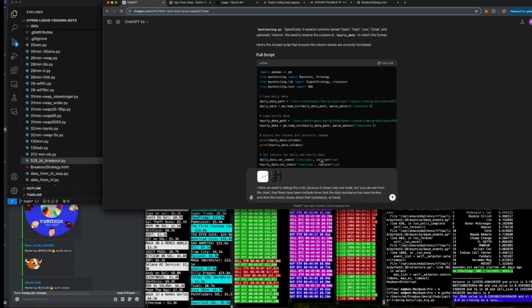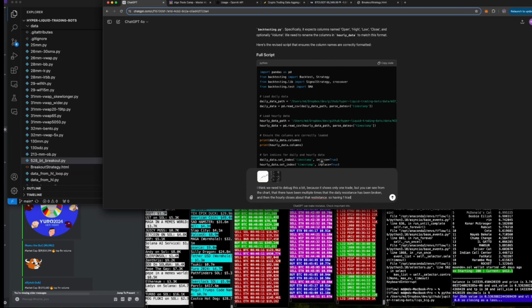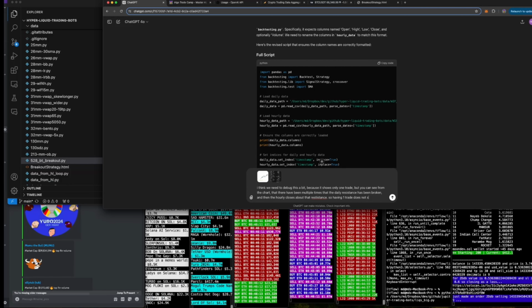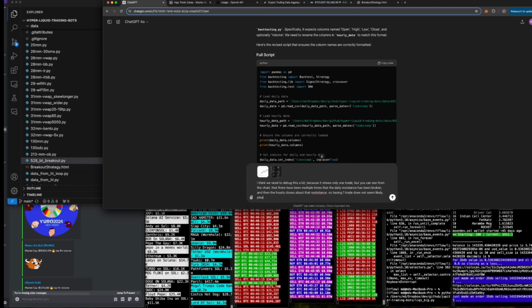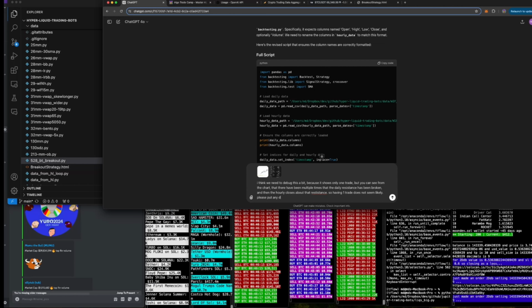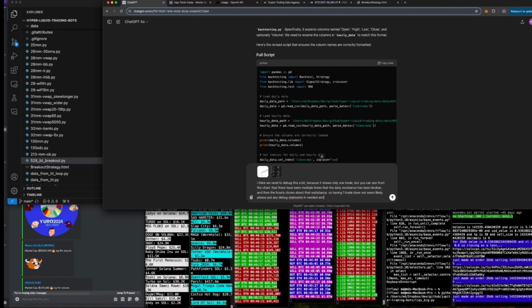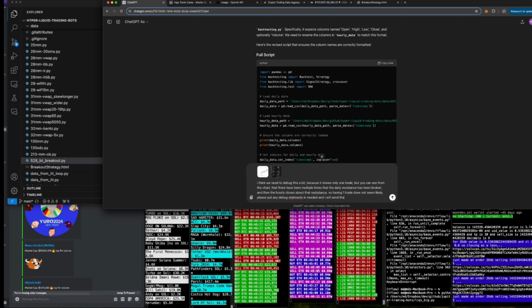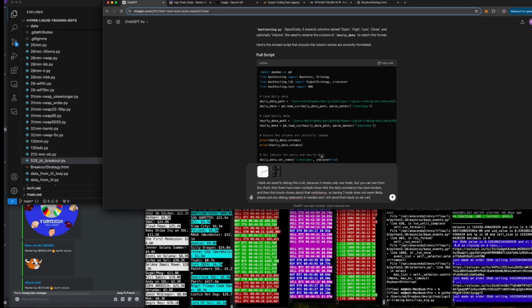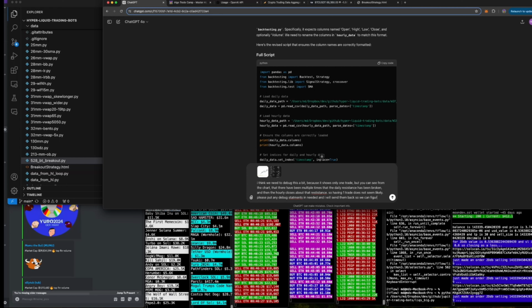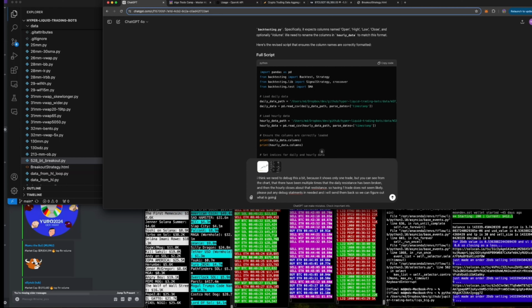So having one trade does not seem likely. Please put any debug statements in as needed and I will send them back so we can figure out what is going on.